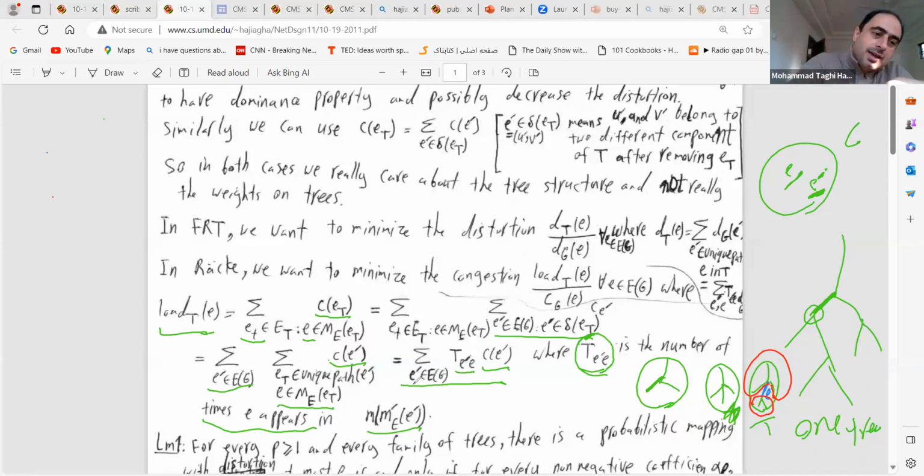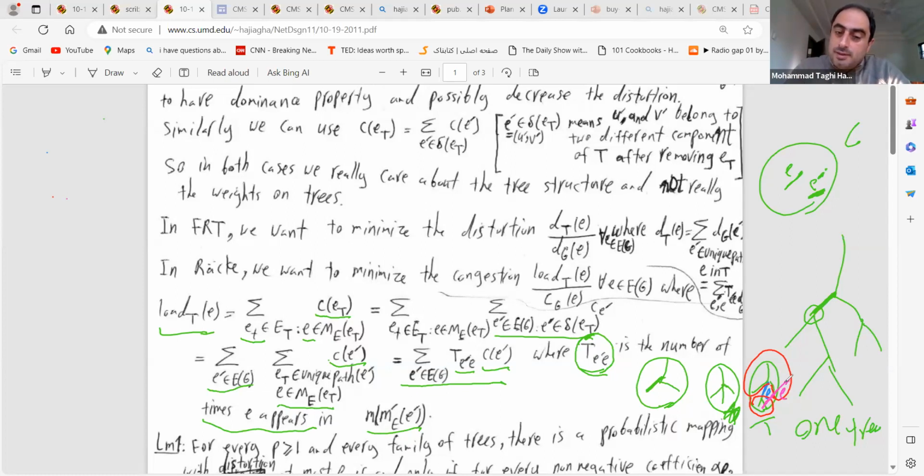These E primes are exactly those edges that are going from here to here. And this is E prime in some sense.